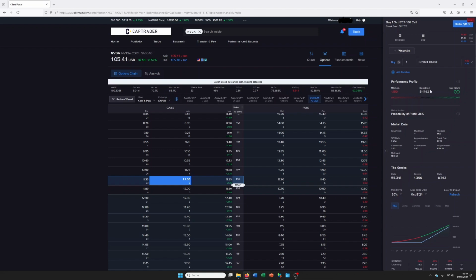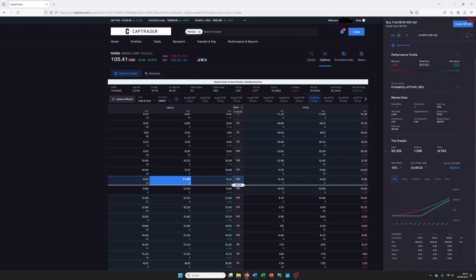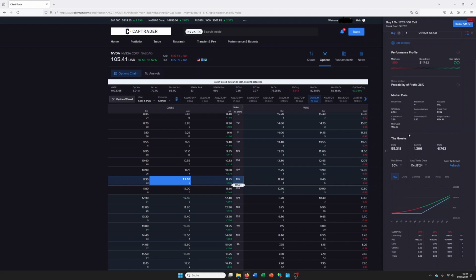You can see the probability of profit here, it's around 40%, and some other data like market data, how much commission you are going to pay, the Greeks, which I will explain in another video, and the P&L diagram where you can see different scenarios.